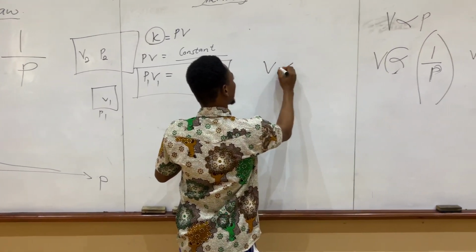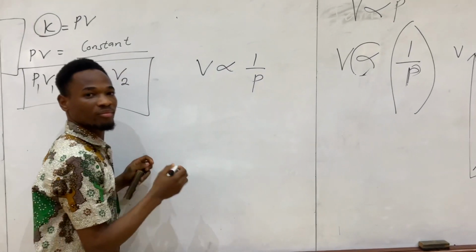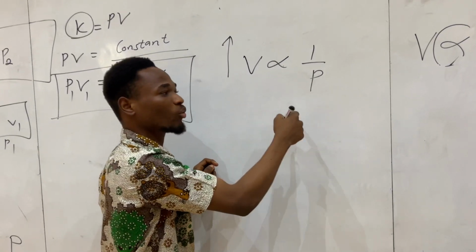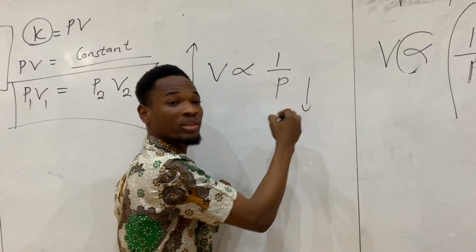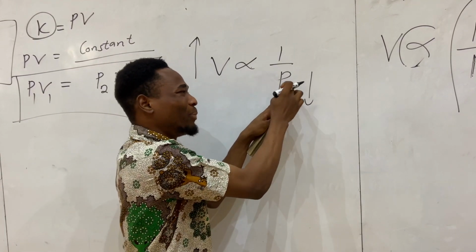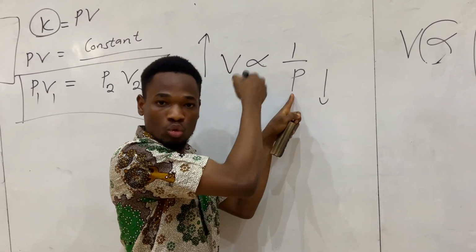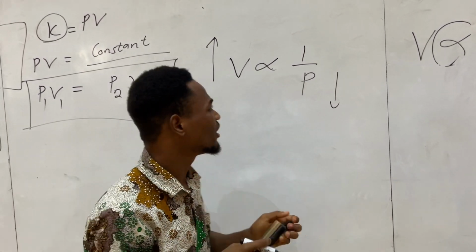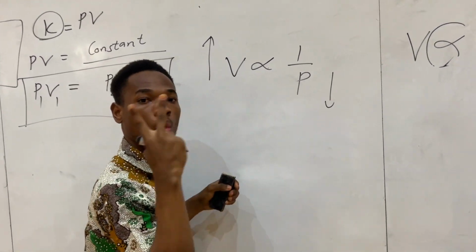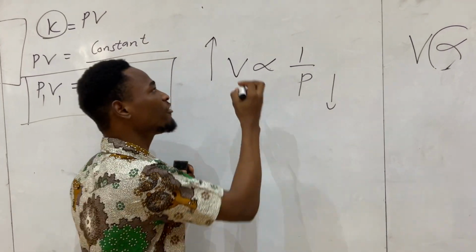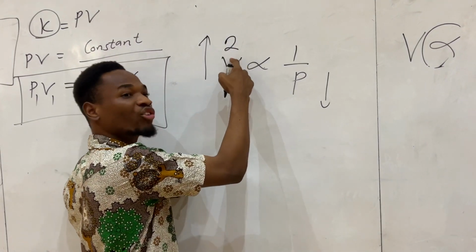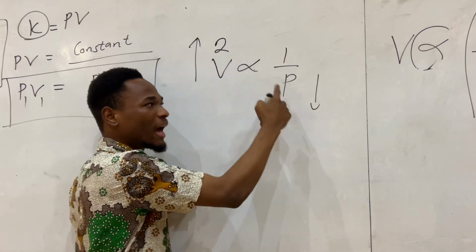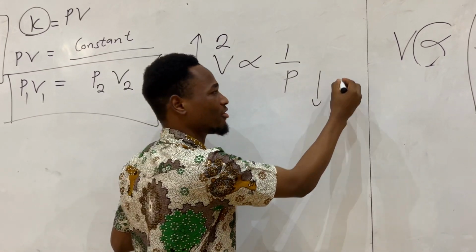Now let's come to the quantitative aspect of Boyle's law. So V is directly proportional to 1 over P. This means if volume increases, what will happen to pressure? Pressure will decrease. Or when pressure increases, volume to what? Will decrease. Do you understand it that way? So quantitatively, if I double the volume of the gas to be 2, then that means the pressure here will be half.